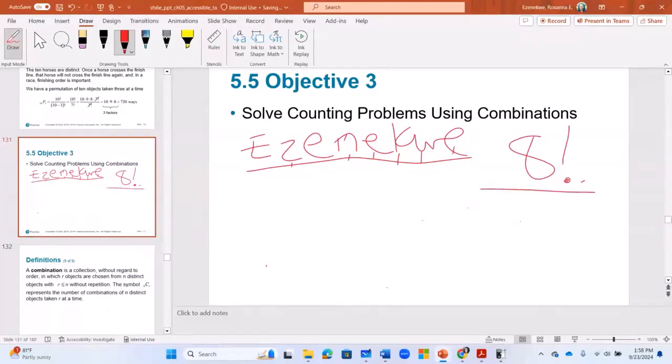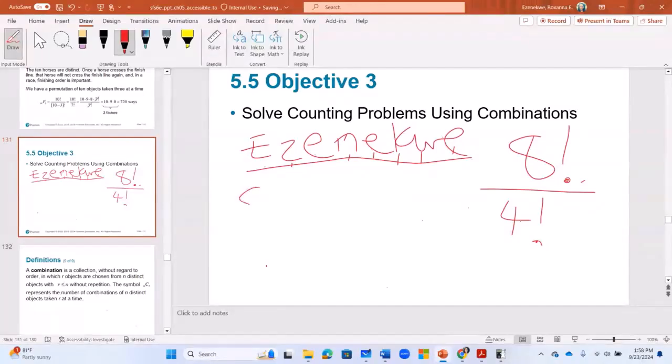I will count every repetition. Did any letter repeat? Yes, E repeated 1, 2, 3, 4. Any letter that repeated, you have to divide by that factorial. If none of them repeats, you just have 8 factorial.